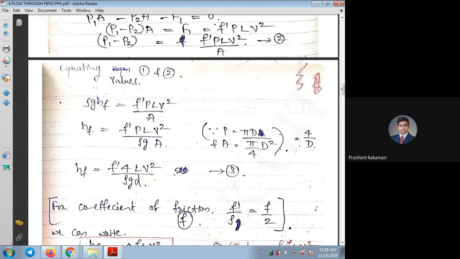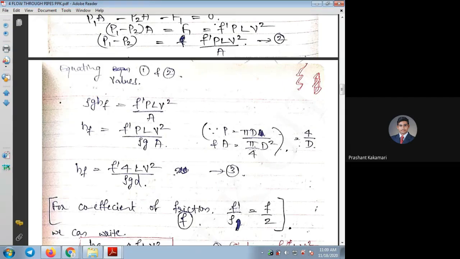Here there is a relation between the perimeter and area, because as I told, perimeter is pi d, and the cross section area of the pipe is pi by 4 d square. Both we are considering for the inner surface of the pipe, so d is common here.